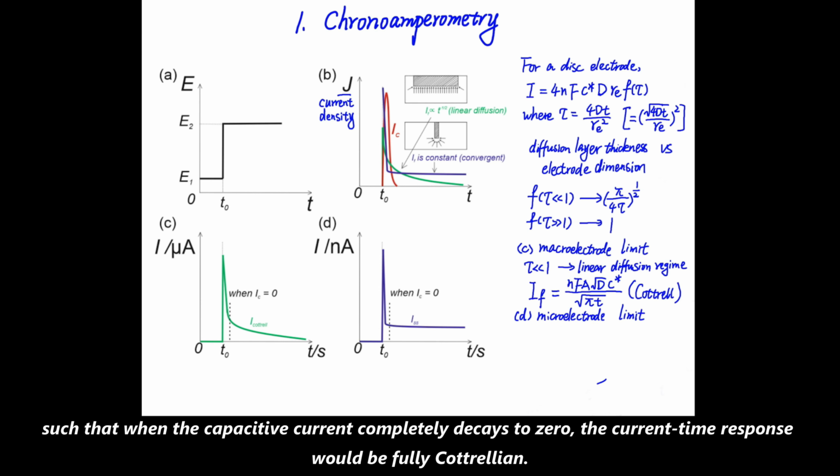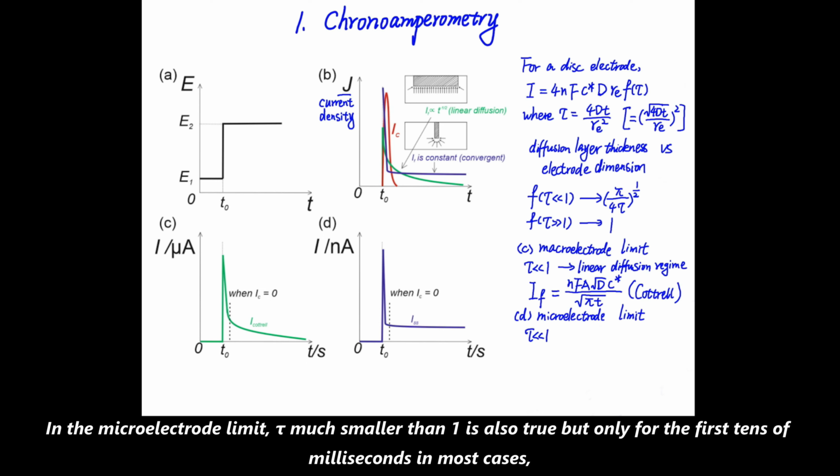In the microelectrode limit, τ much smaller than 1 is also true, but only for the first tenths of a millisecond in most cases. But unfortunately, this part of the Faraday current would overlap with the capacitive current.